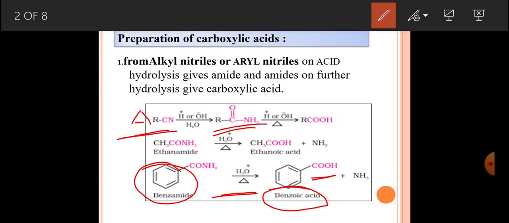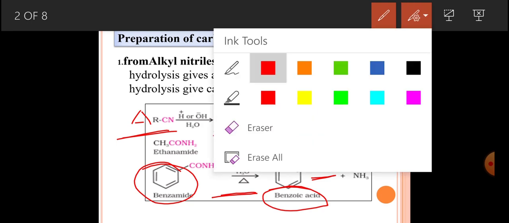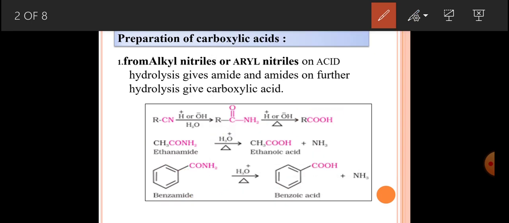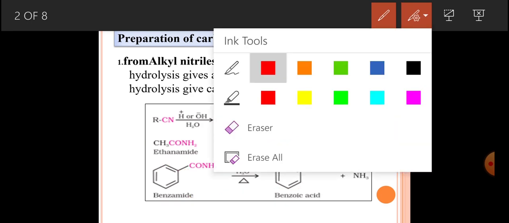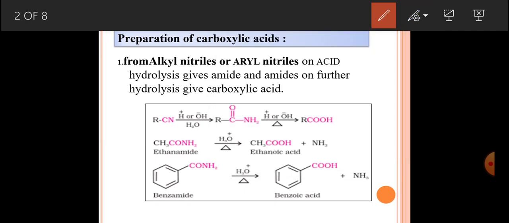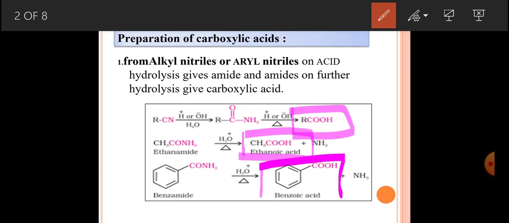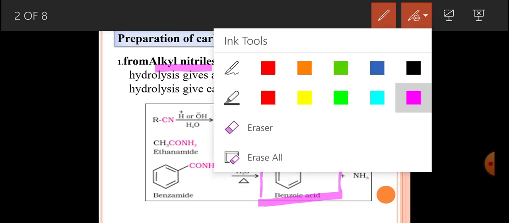So this is the first method for the preparation of carboxylic acid. In each of these you can see the formation of the acid. Look here, the first acid formed is ethanoic acid and this is benzoic acid. So this is the preparation of carboxylic acid by alkyl nitrile and aryl nitrile. Understood?